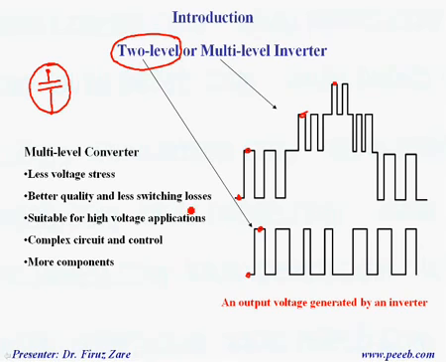Another case is that the multi-level converter is a suitable converter for high voltage applications, but the drawback is that the circuit diagram and the control method are very complex for multi-level converters, especially when the number of levels is increased, and also we need more components.